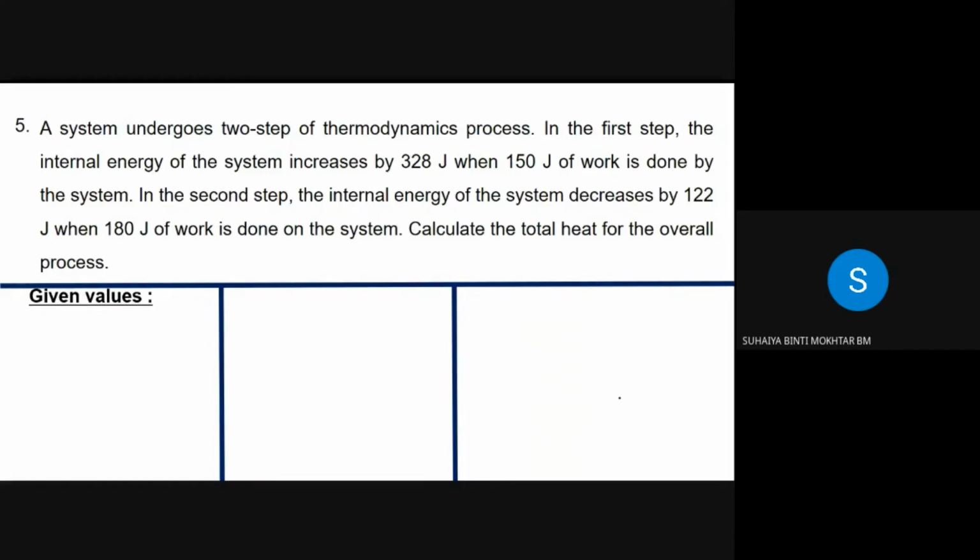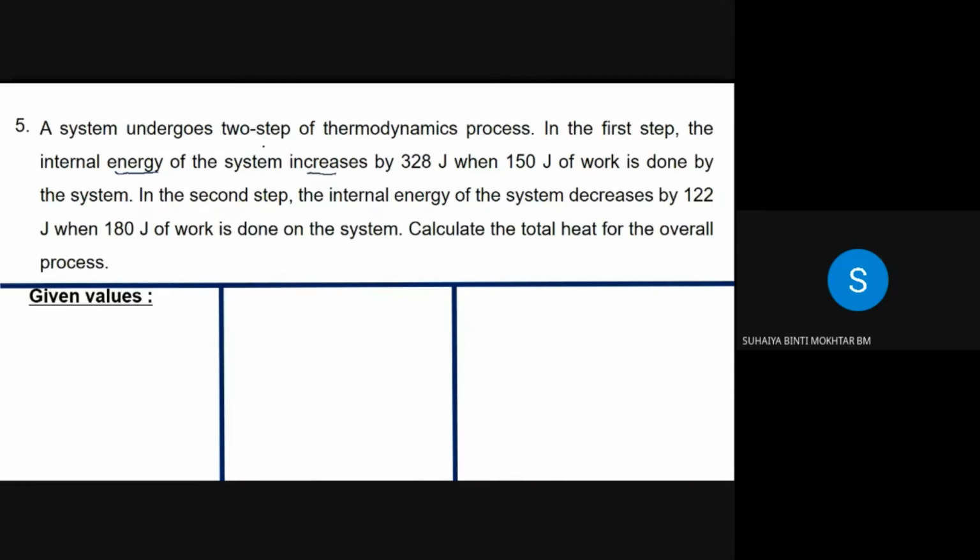Okay, number 5, a system undergoes 2 steps of thermodynamic process. First step, internal energy of the system increases by 3 to 8 joule. Okay, so internal energy increases. So it means delta U is positive, right?